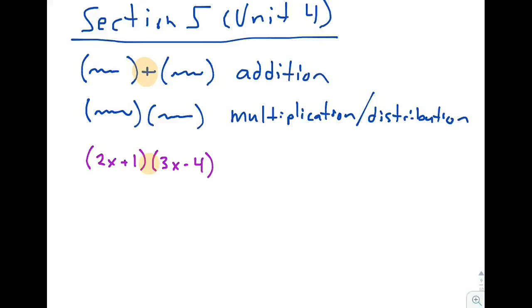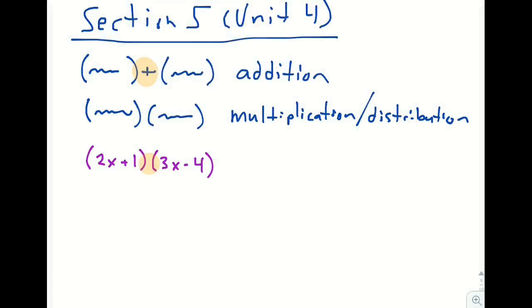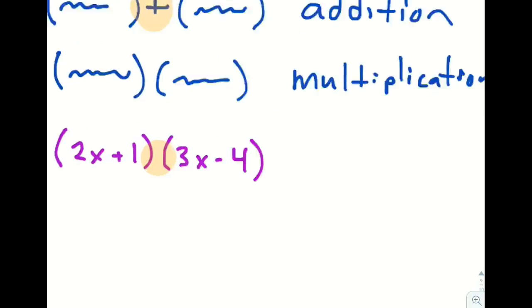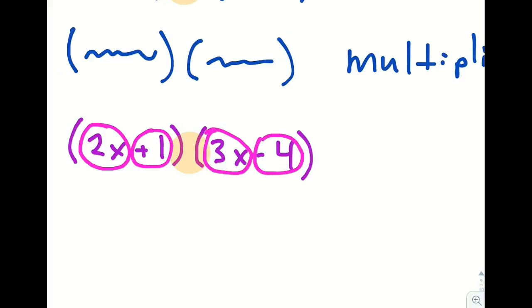There is no plus sign, so because of that you know you're multiplying. And multiplying means distributing. So that means we need to identify what our chunks are in each of these pieces. So I have a 2x over here, I have a plus 1 over here, I have a 3x over here, and a minus 4 right there.